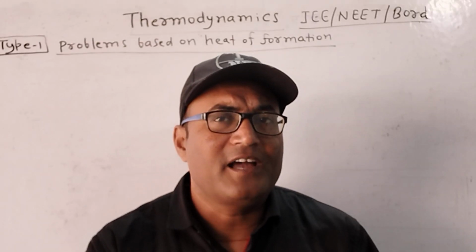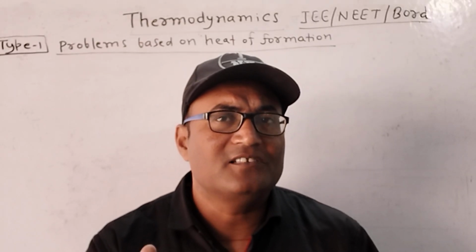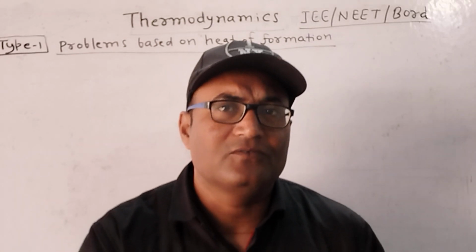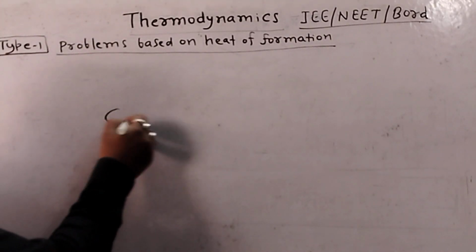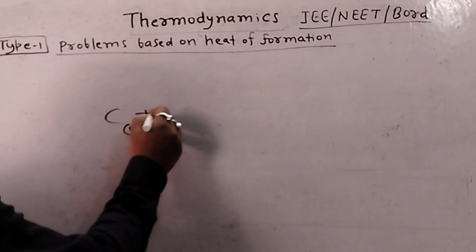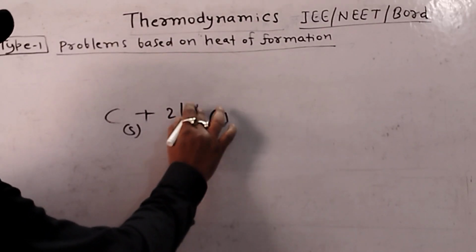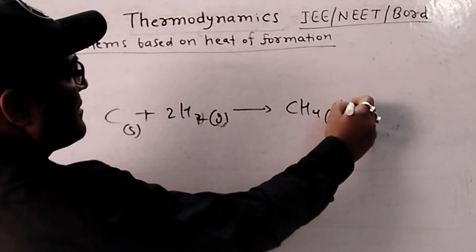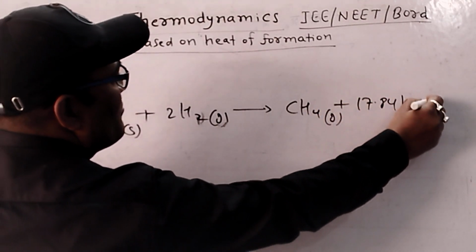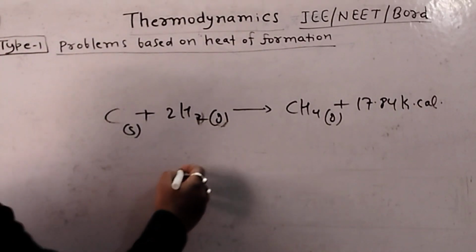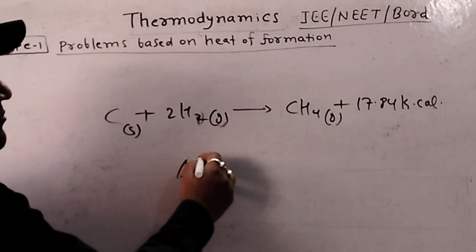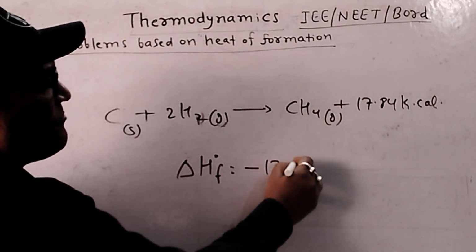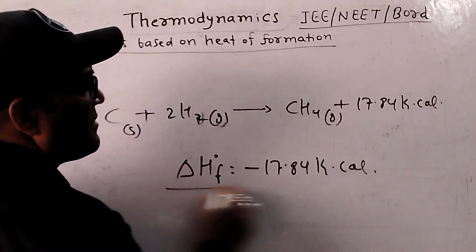Whenever solid carbon reacts with 2 moles of H2, methane is prepared, and 17.84 kilocalorie of heat is released. So when carbon solid reacts with 2 moles of hydrogen gas, 1 mole of methane gas is prepared, and 17.84 kilocalorie of heat is released. So the heat of formation, delta HF, in standard condition is minus 17.84 kilocalorie.